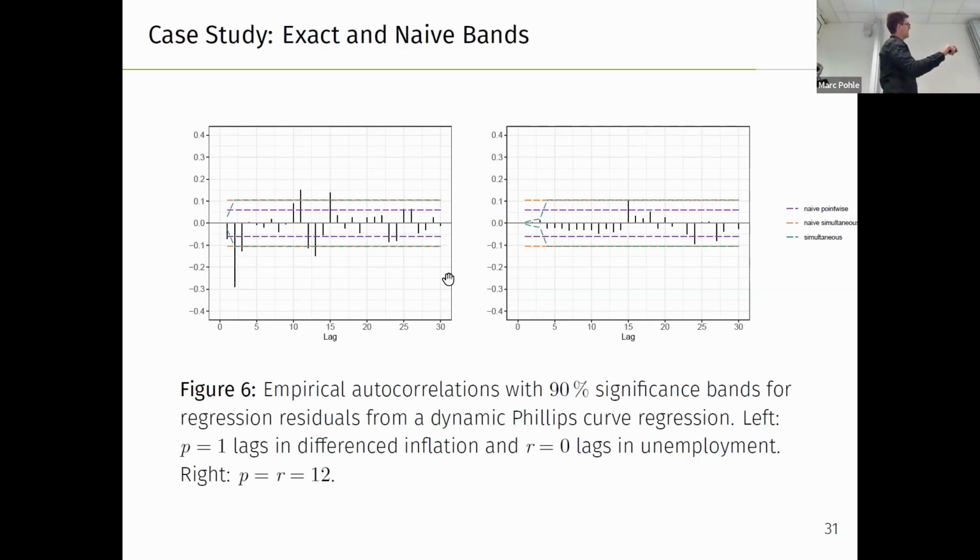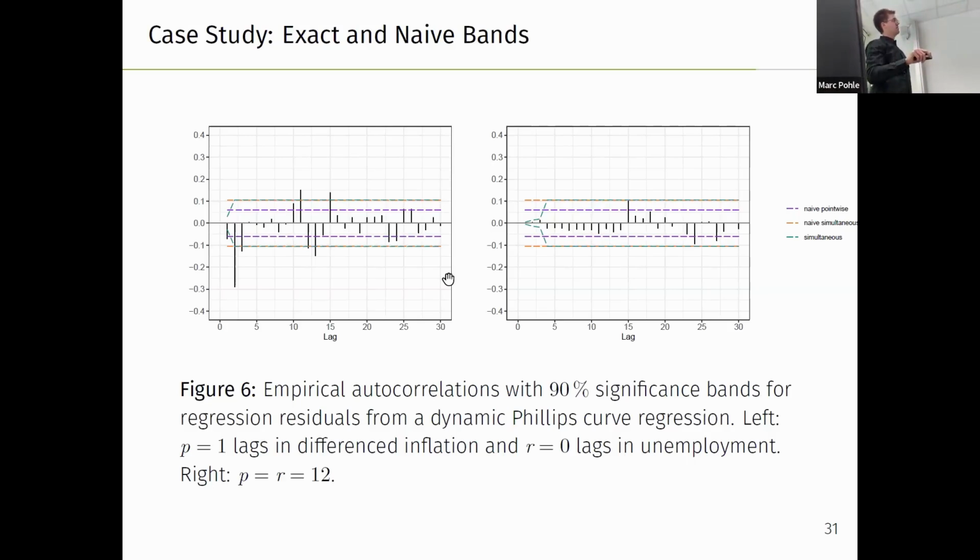The conclusion is, when only including 1 lag of differenced inflation, for both of the simultaneous bands, there are quite a few autocorrelations falling outside of them. So we would reject the null of temporal independence of the errors here.